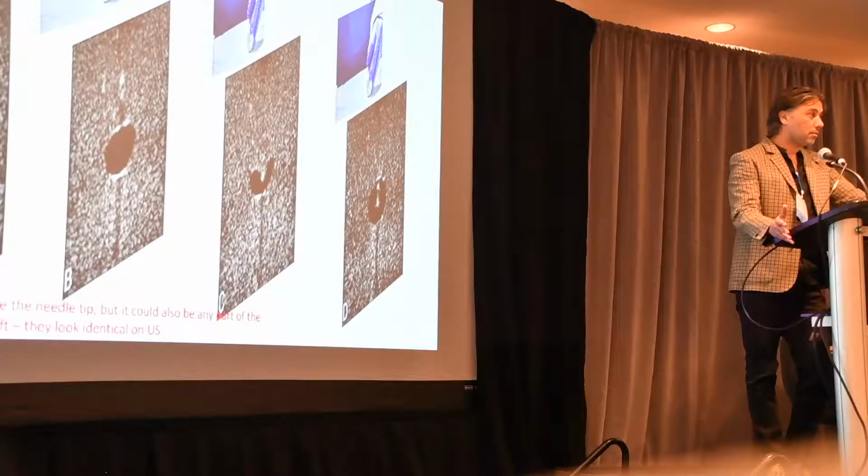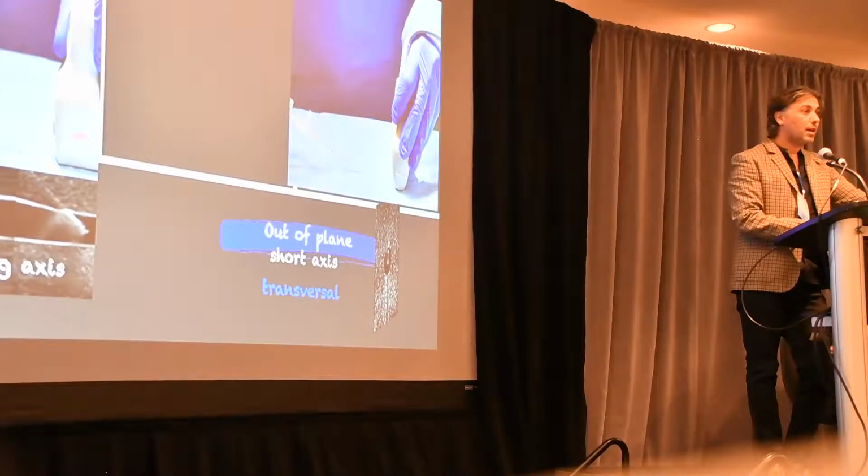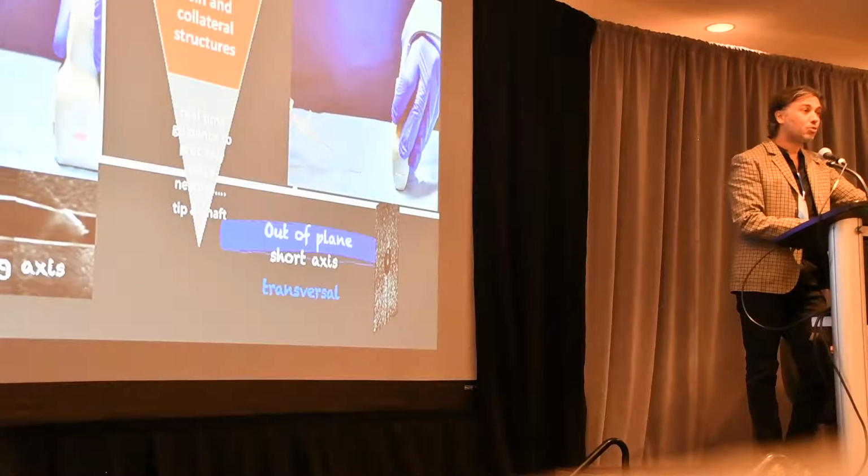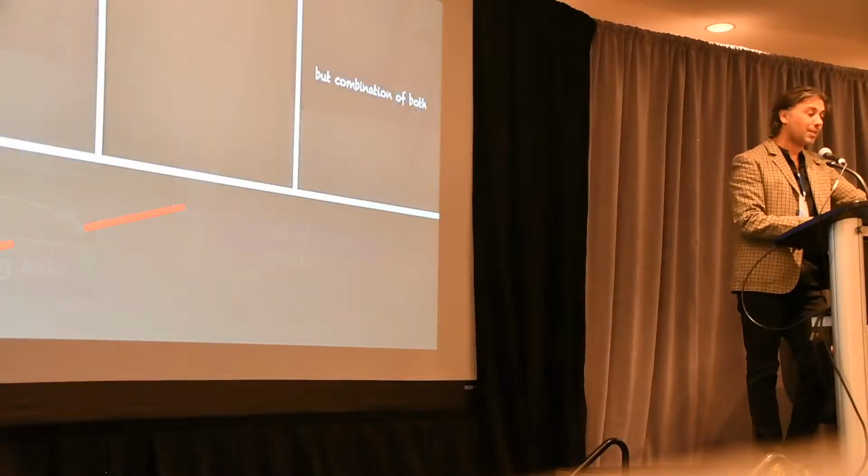They look identical on ultrasound. That's the principal limit. So you have two classical approaches, one in-plane long axis longitudinal and the out-of-plane short axis transversal. But these two approaches don't identify the target vein, collateral structures, and real-time guidance at the same time. So that's the limit.